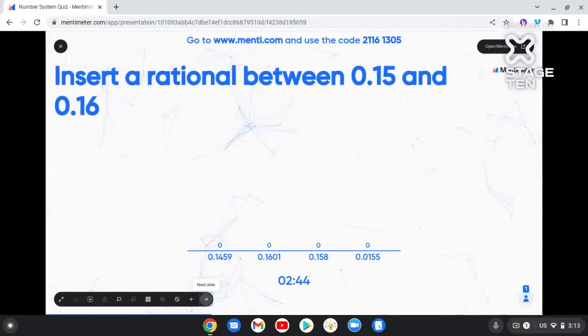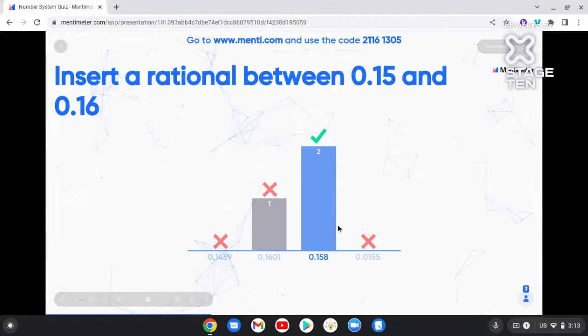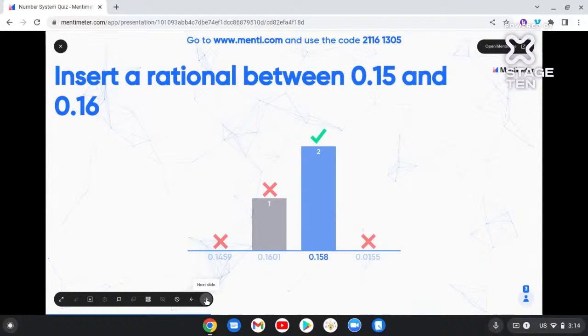So we have 0.14, 0.1459, then 0.1601, 0.158, and so on. I can see everyone has voted. The correct answer is 0.158. It comes after 0.15 and before 0.16. So that's the correct answer. Good job.